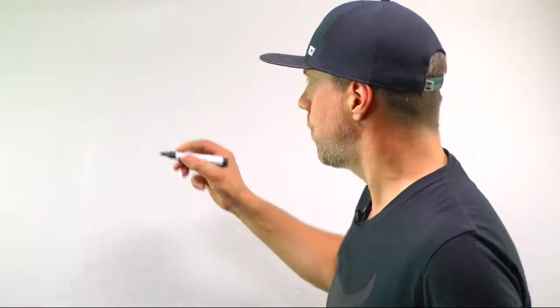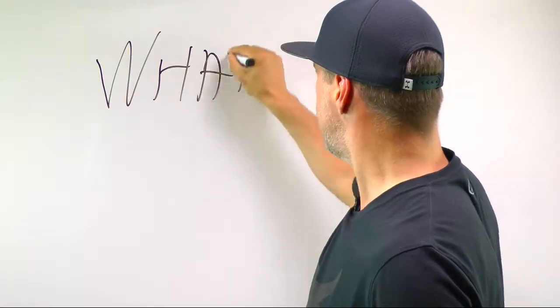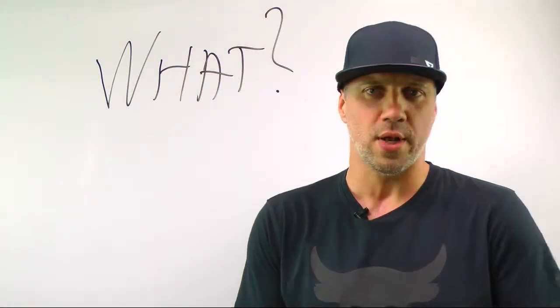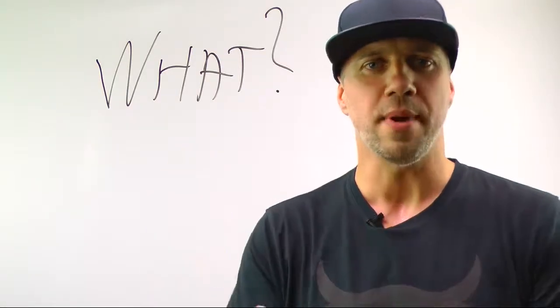So this two-step process for lead generation really starts with answering a very simple question. That question is, what? And it's the most important question. If you answer this question correctly, you are going to dominate the space.